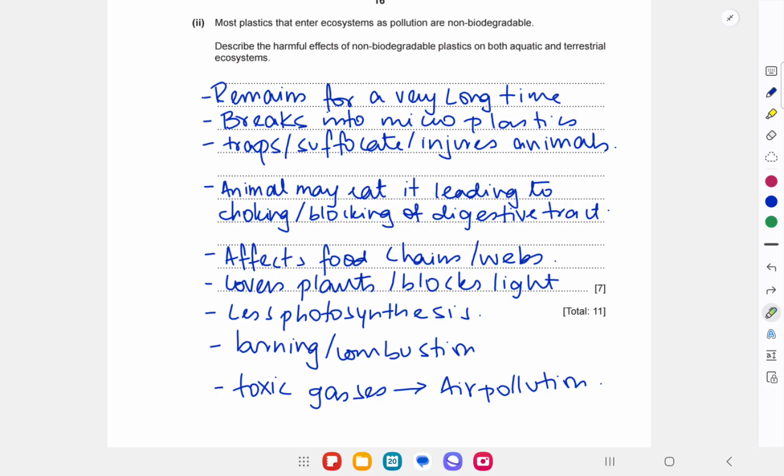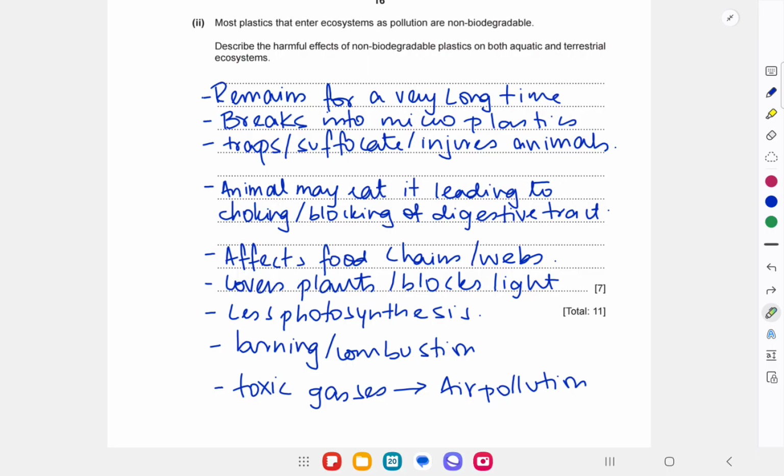These plastics can affect the whole food chains. For example, it's covering the plant and preventing the plant from photosynthesizing. So this means that the plant wouldn't be able to photosynthesize as effectively, which could lead to the death of the plant.